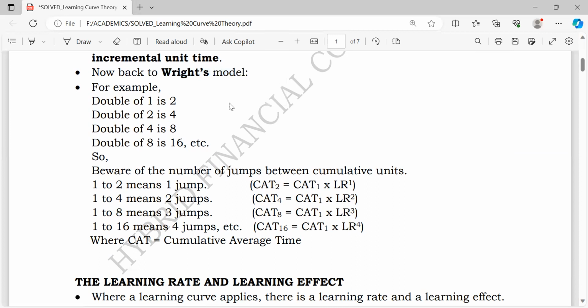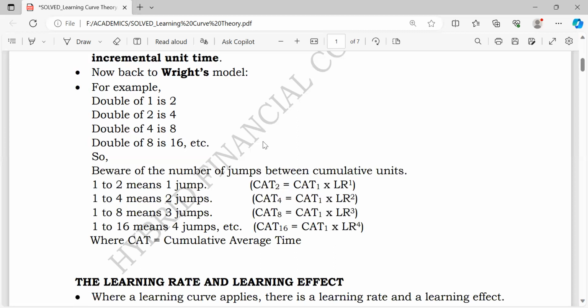For example, we say that the cumulative average time to produce a product falls by a constant proportion when units of output double. So we produce 1 unit and now they have doubled. The double of 1 is 2, the double of 2 units is 4, the double of 4 units is 8, the double of 8 is 16, etc.